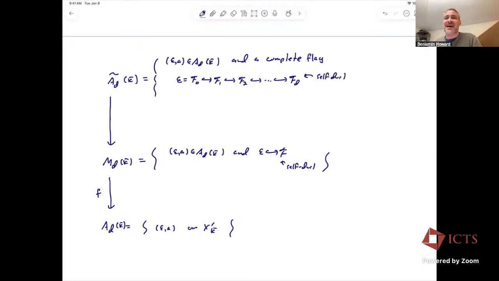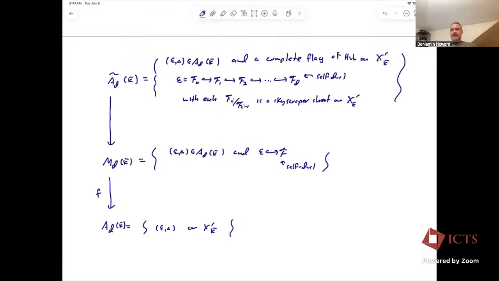And by complete flag, I mean that at each step, I enlarged it as small as I possibly could. So that means that each Fi mod Fi minus 1 is a skyscraper sheaf. A complete flag of Hermitian vector bundles on X prime K-bar.